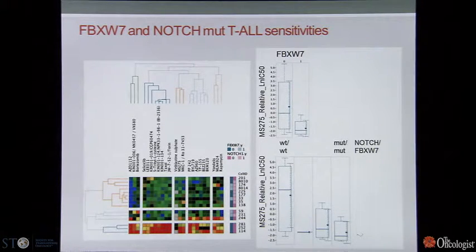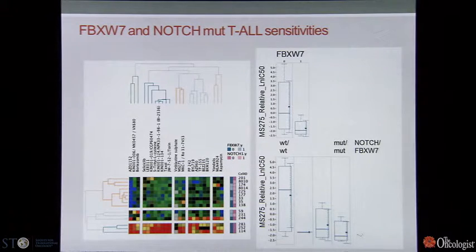So if we look a little bit more at what that could mean in terms of a specific disease, here is represented the activity of MS275 in a specific subtype of disease. So this is a T-ALL cell line panel.